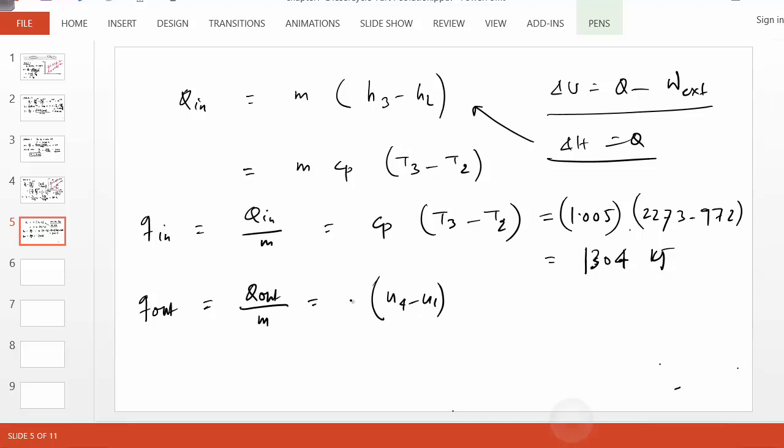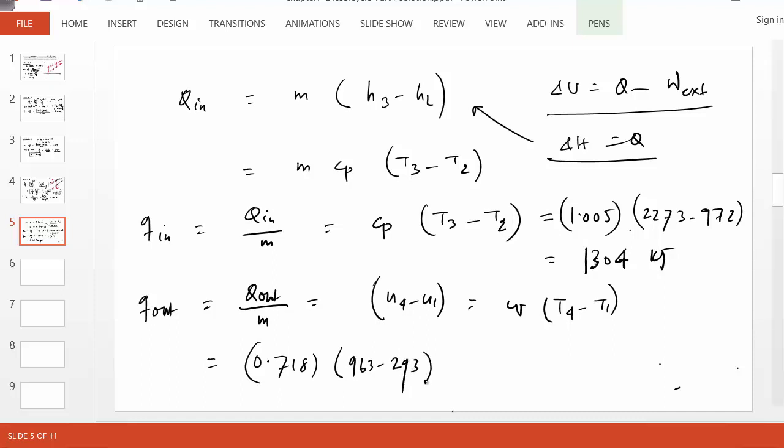So it's Cv times T4 minus T1, and Cv is 0.718, T4 is 963, and T1 is 293, and that gives us about 479 kilojoule. This is a positive number. The answer will be kilojoule per kg, because small q is per unit mass.